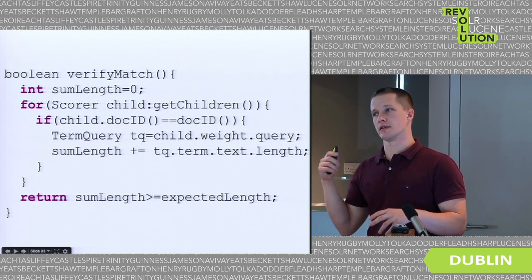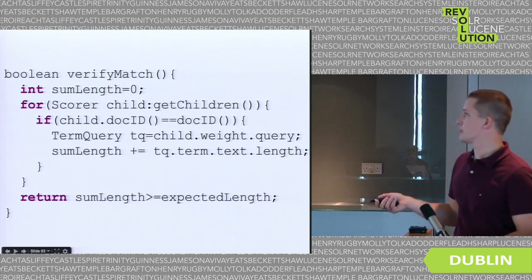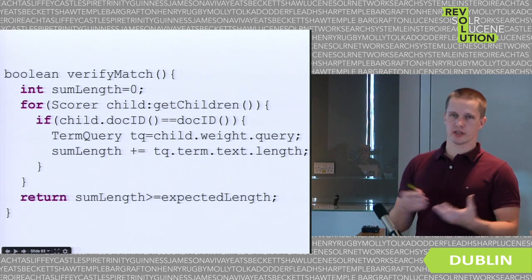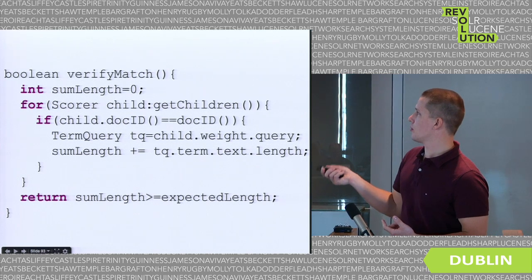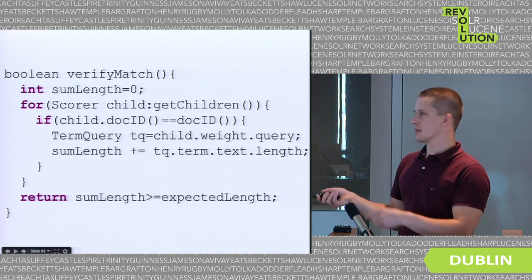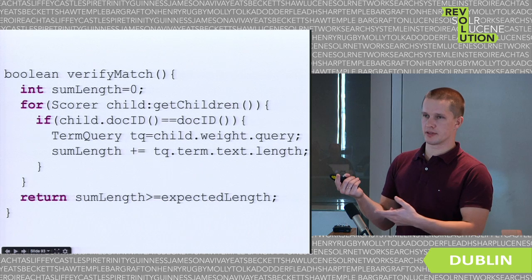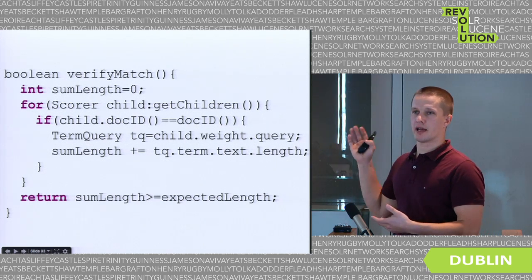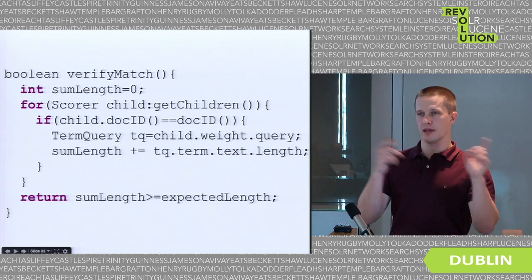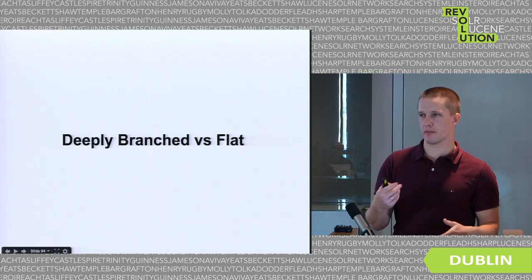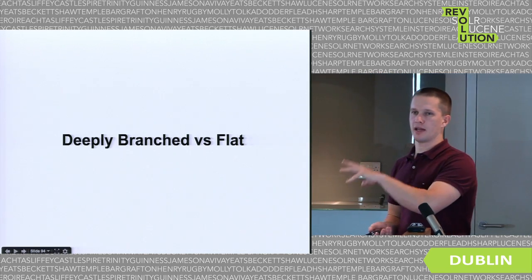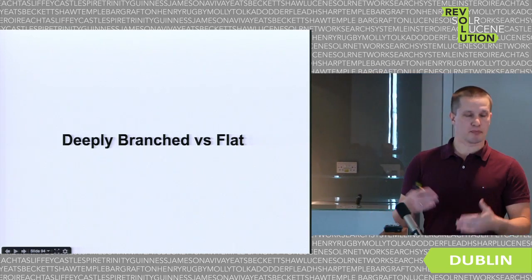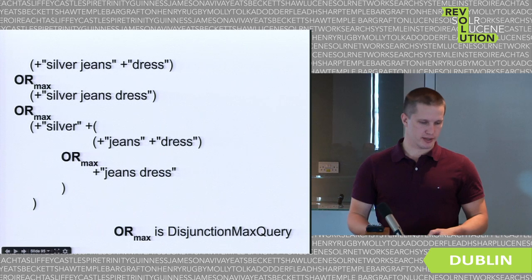Because of this, there is an alternative approach: generate a flat disjunction query, which is just a Cartesian product that enumerates all desired texts and all necessary fields. Then you can apply match verification logic by a method like we saw before with verify match. In that method you can apply the necessary procedures for scoring or for matching.